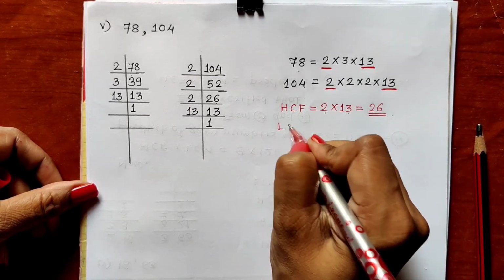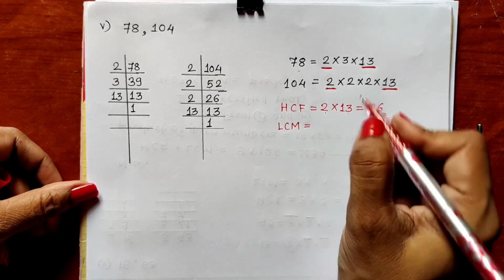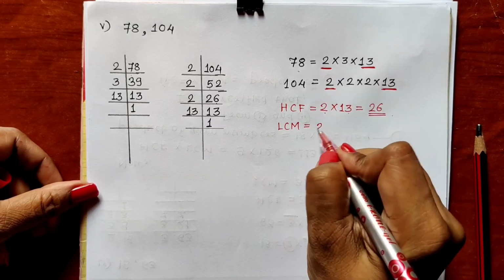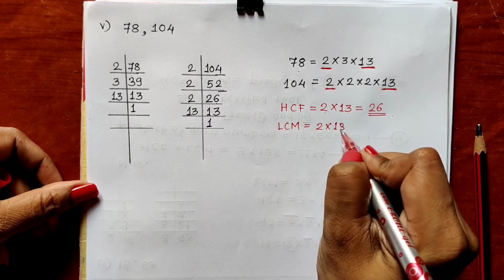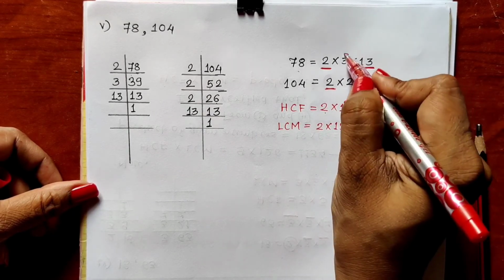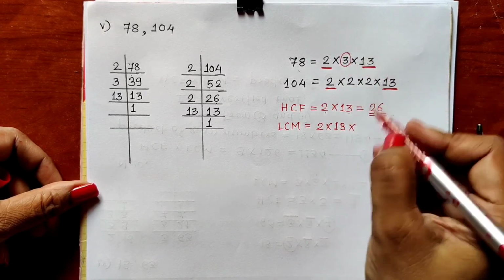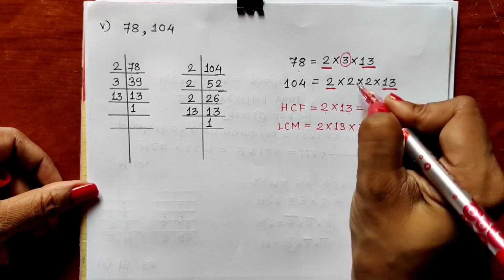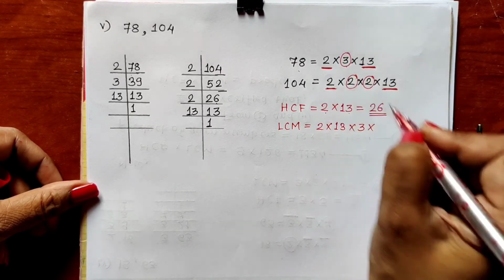Now let us write LCM. In LCM we first write these common factors 2 into 13. Now we will be writing the multiplication of non-common factors. Non-common factors are 3 from 78. 2 into 2 from 104.